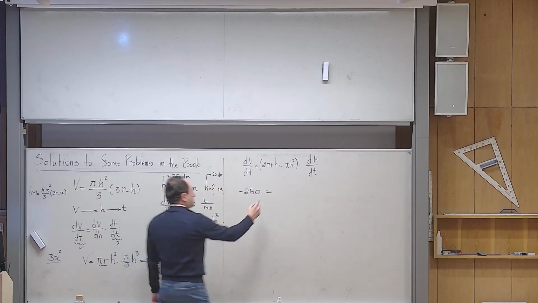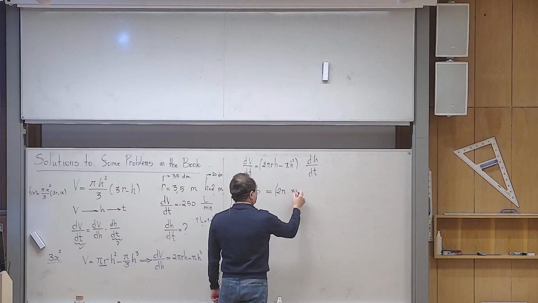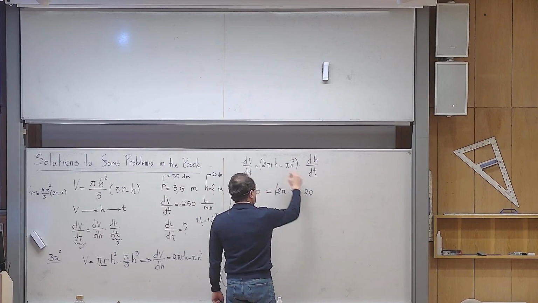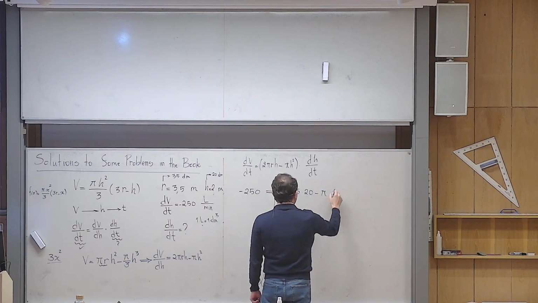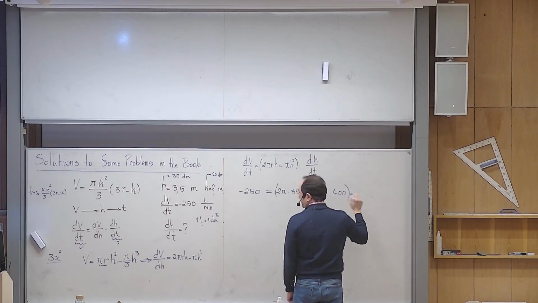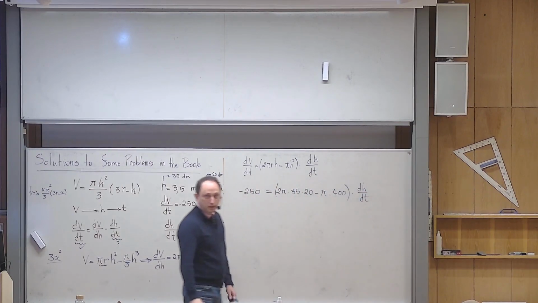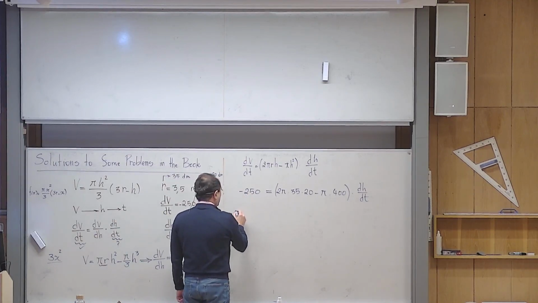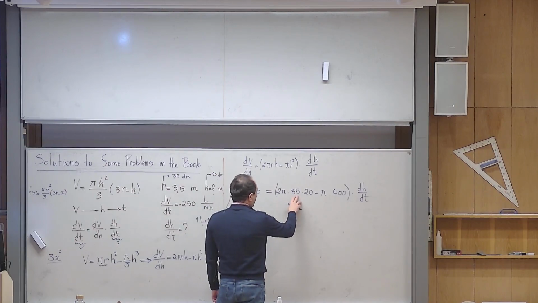It is equal to 2 times pi times r, which is 35, times h, which is 20, and then minus pi, and then you have h squared, which becomes 400, and then you have dh/dt, which is your question mark. Yes? And then I have to calculate this. This is your answer. So let us calculate this.